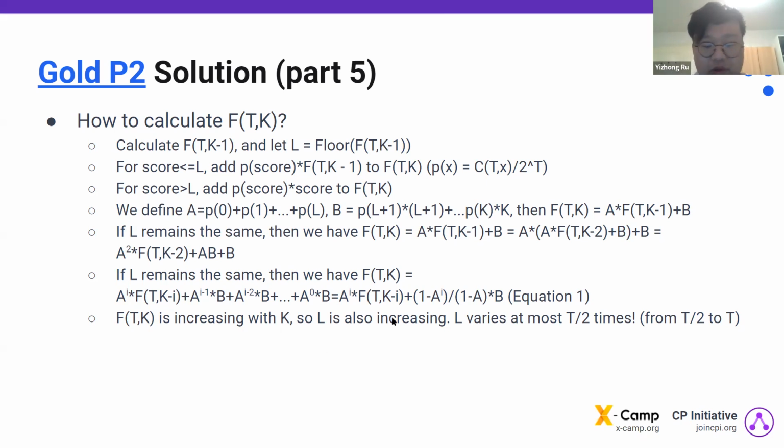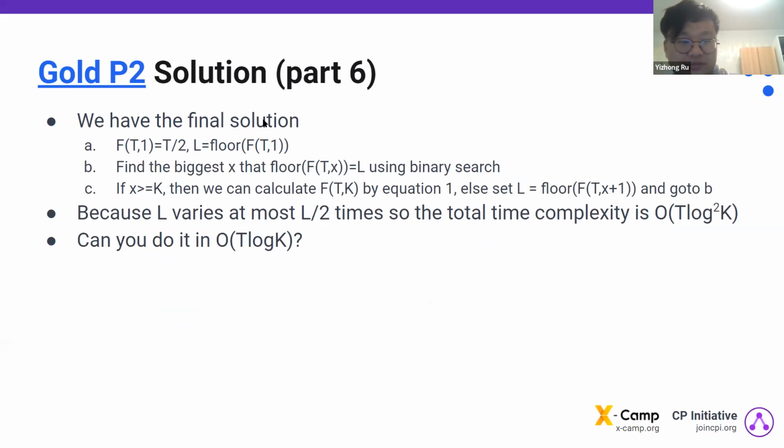So L is also increasing. First L is T divided by 2, right? And the upper bound of L is T. So L only varies at most T divided by 2 times, from T divided by 2 to T, right? So we have the final solution.